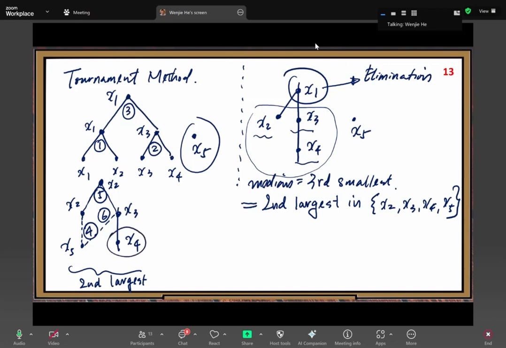X4 is already less than X3. So we do not consider X4. So the last comparison is the winner of X5 and X3. That's the second largest. Then we solve it. So we use 6 comparisons. We find the median of 5 elements.